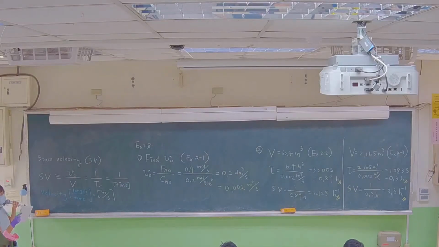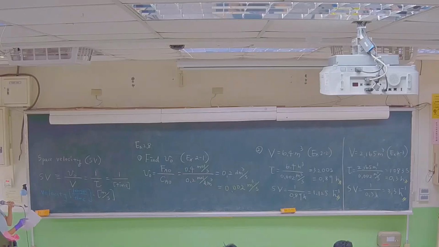So this time I directly use the volume we calculated before, right? But if you are taking an exam, you cannot find a volume in your handout. You have to calculate the volume by yourself. So you may find this example is easy. That is because we use the volume we have calculated.